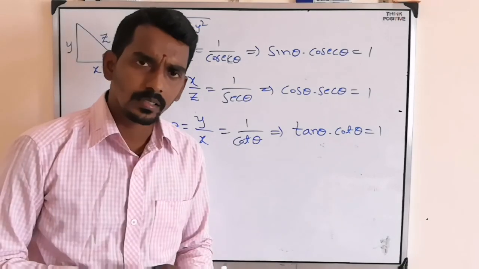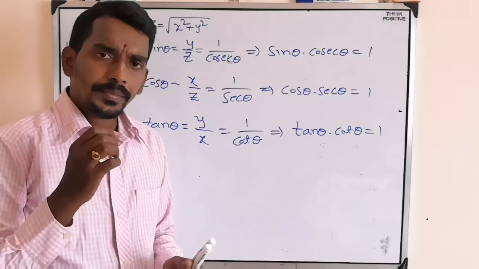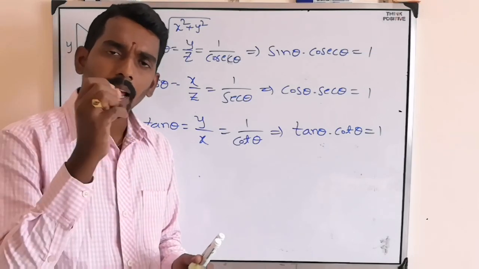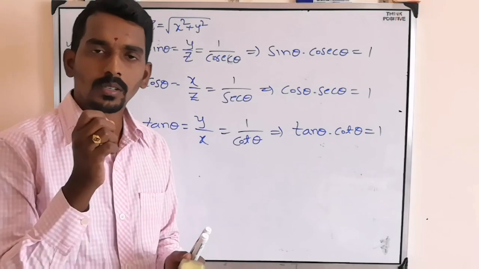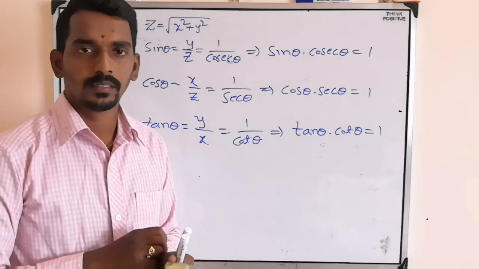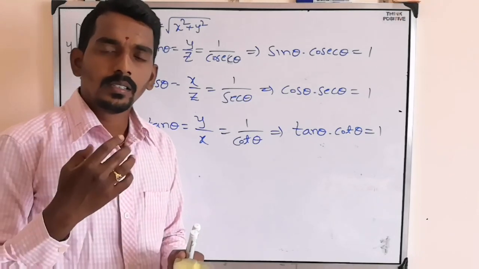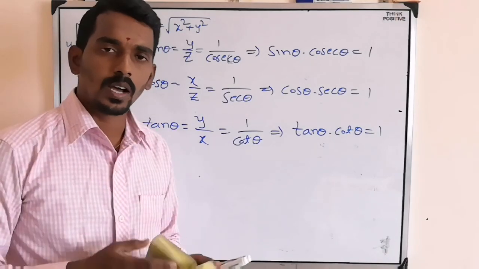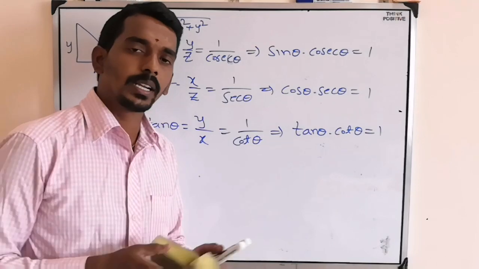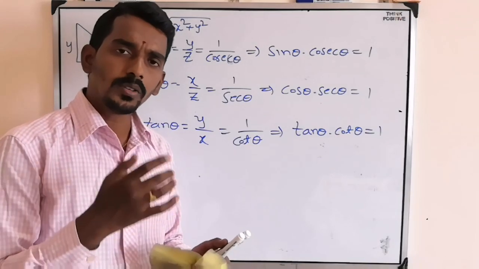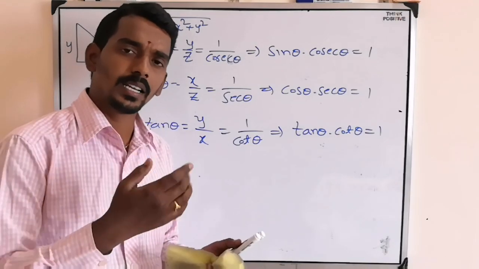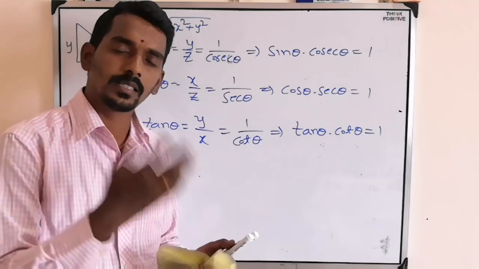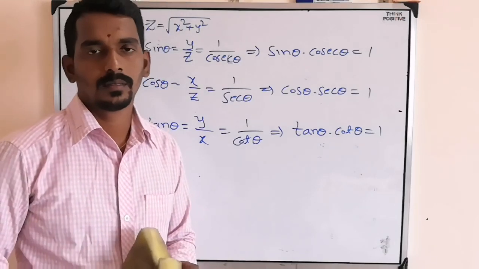Now in physics, suppose there is a particular angle they have given. Then you cannot just take sin theta, because sometimes we have to get numerical values. So you need to know sin of some angle like sin 30, sin 40, sin 60, sin 70, whatever it is.